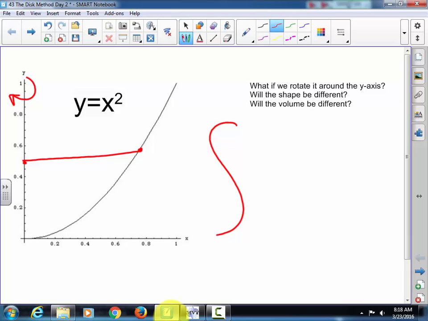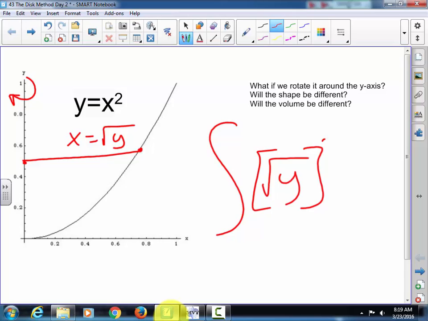Now we want to know the distance it is from the y-axis. So x equals the square root of y. That's right. So we're going to need to take this equation and solve it to get x equals the square root of y. So our distance now, our radius, is going to be the square root of y, squared. All right?